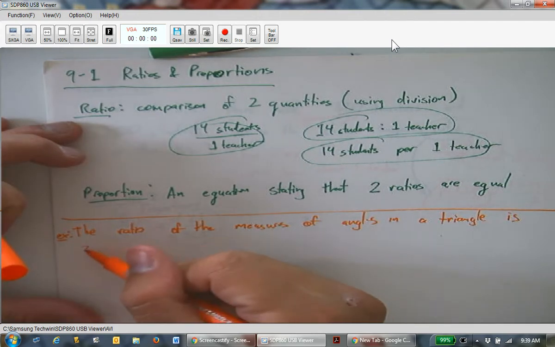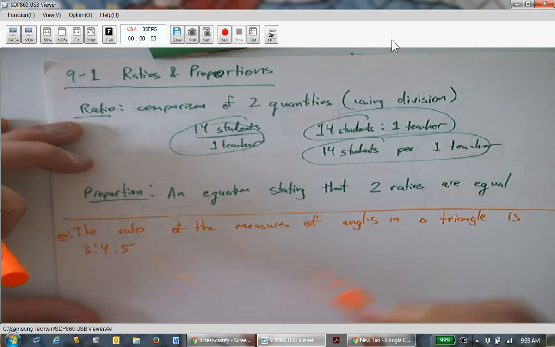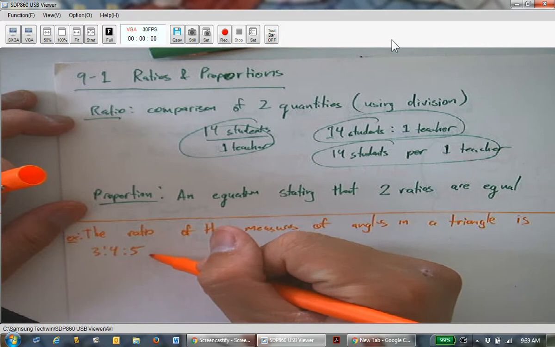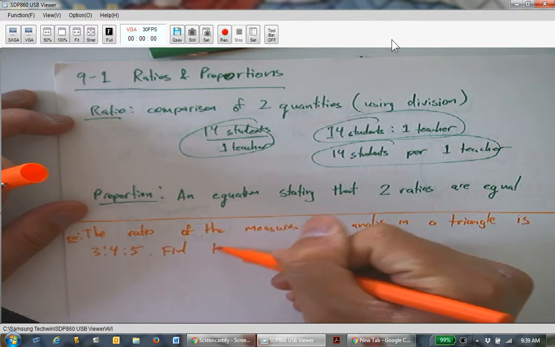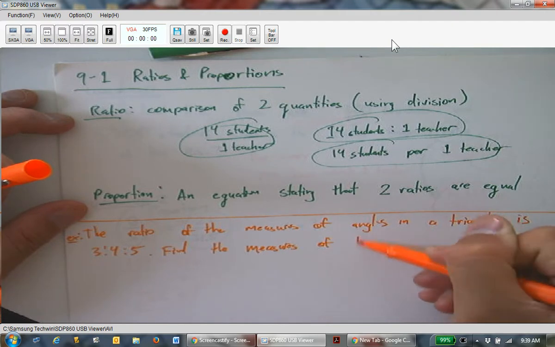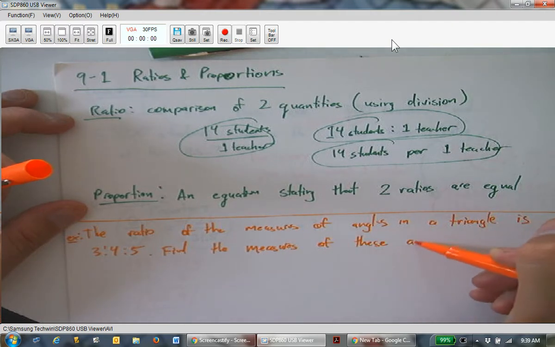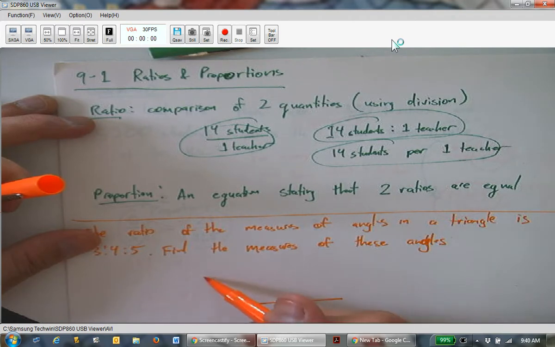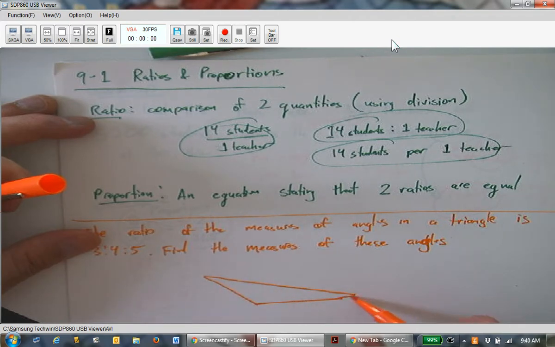It's 3 to 4 to 5. Find the measures of these angles. Okay, so there's my triangle there.